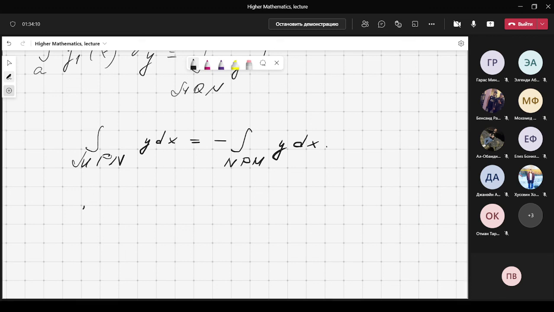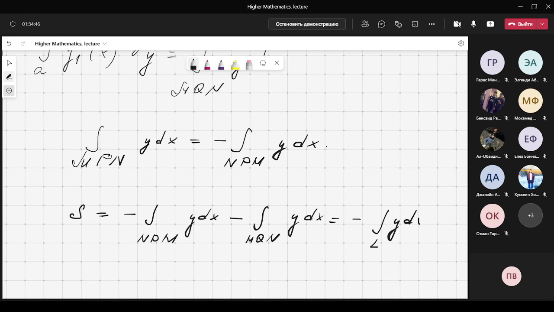Hence, S is minus the integral over NPM of y dx minus the integral over MQN of y dx, equals minus the integral over L of y dx. Formula 5.